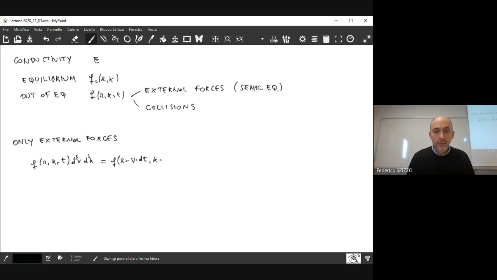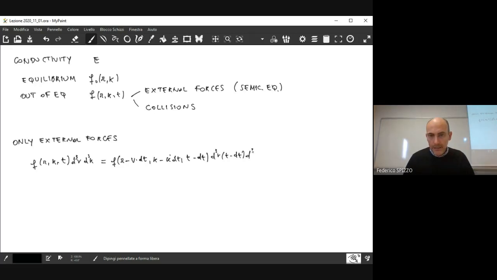Concerning the wave vector, we use k minus k prime dt. Then we have t minus dt, and then the volume. I use t minus dt just to say that it is the volume in the phase space corresponding to t minus dt.